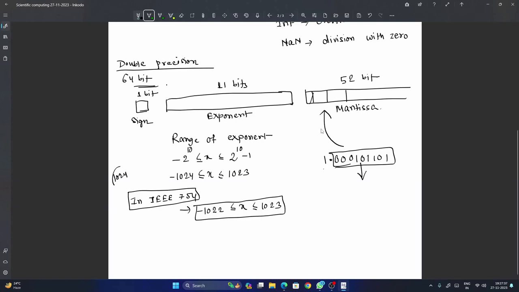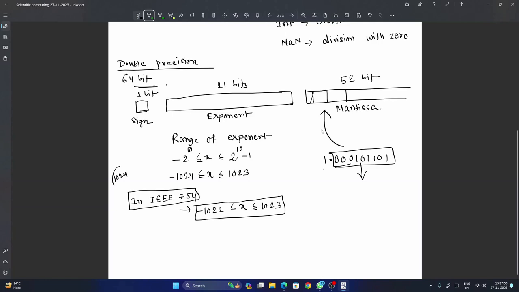So in a 32-bit system, it's just like you are saving 33 bits, and in 64-bit, you are saving 65 bits. So it is another trick.